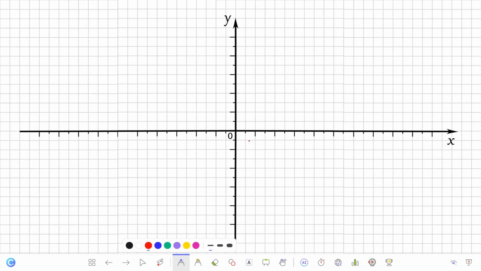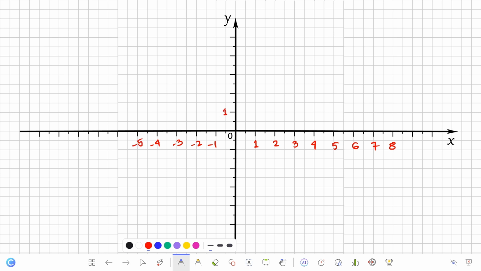So here we need to do the pointing first, like 0, and then this is 1, 2, 3, 4, 5, 6, 7. I think we don't have any point beyond that. And on the negative side, -1, -2, -3, -4, -5.